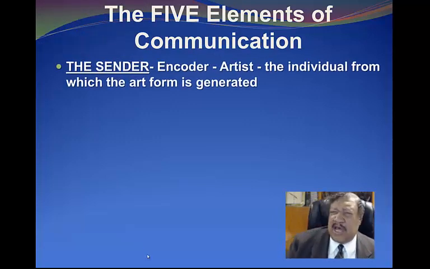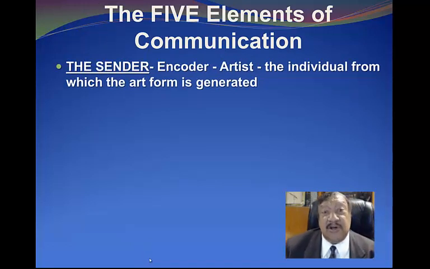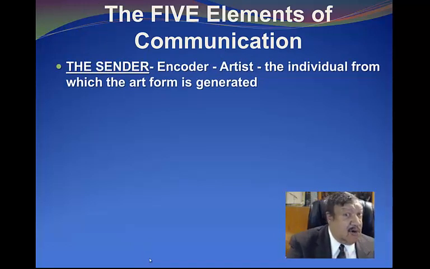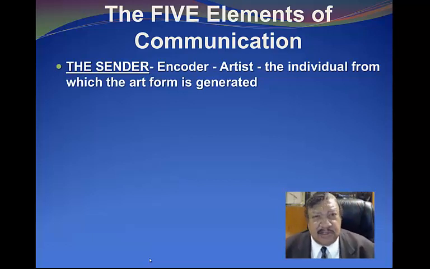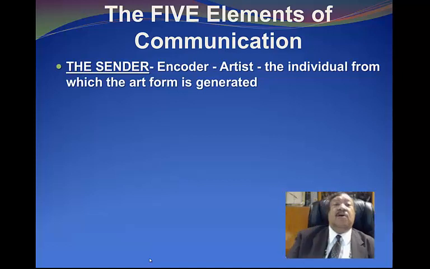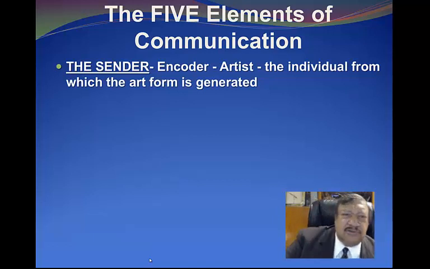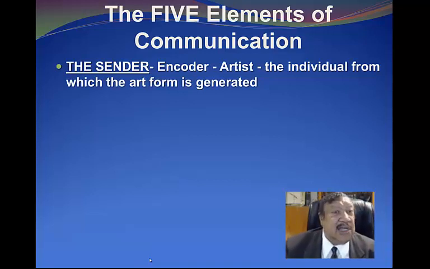And in communication, you have 5 components. You have a sender, which sometimes we call an encoder, but for this course, we want to call this individual the artist, the individual from which the art form is generated. Someone has to decide to paint or to put into sculpture what Mapplethorpe did, and that's what he thought.